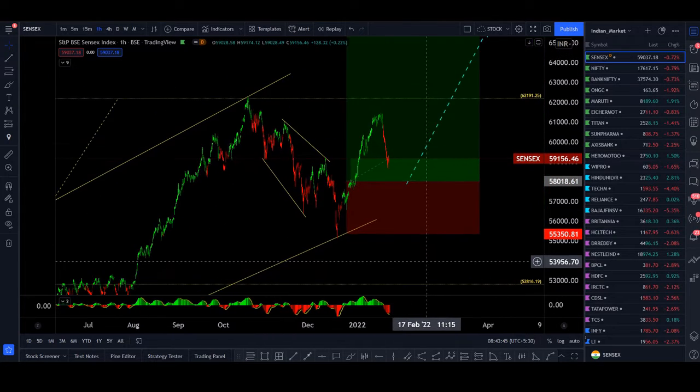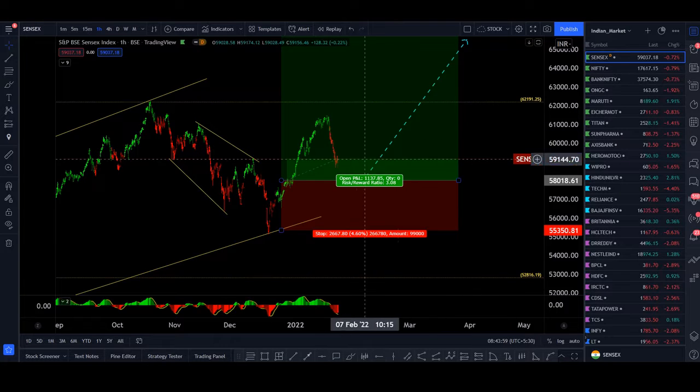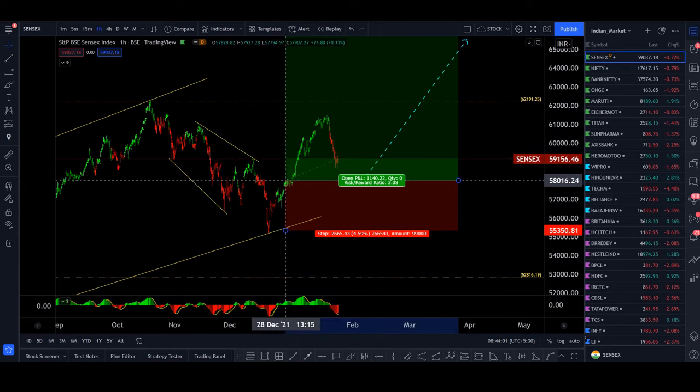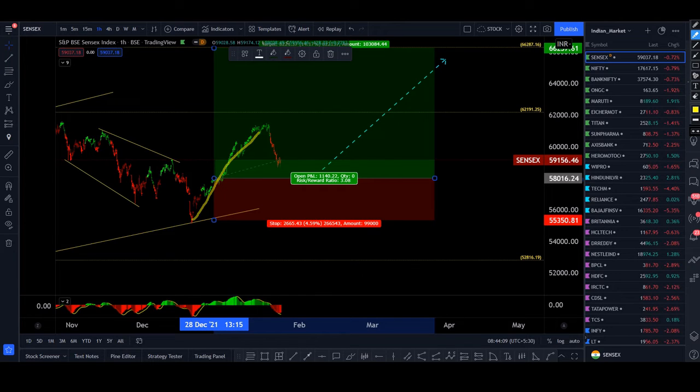As you can see, we entered the trade after the completion of this wave and after the breakout. We have this trade taken in this place, and now the first impulse has formed in the next wave, or next impulse, in the daily time frame.